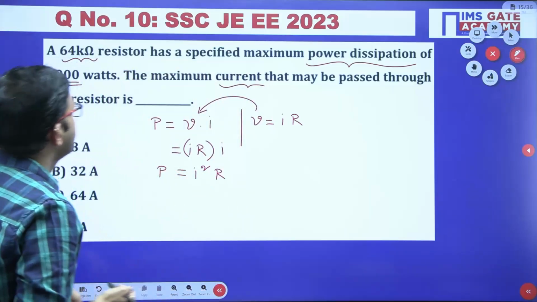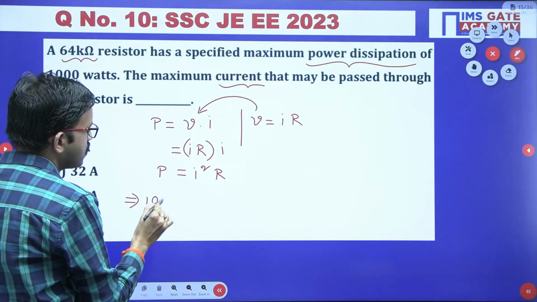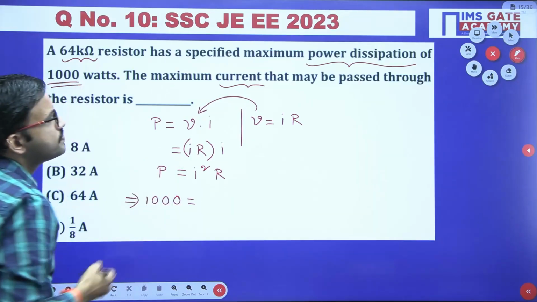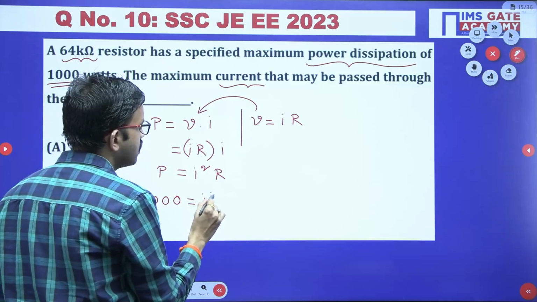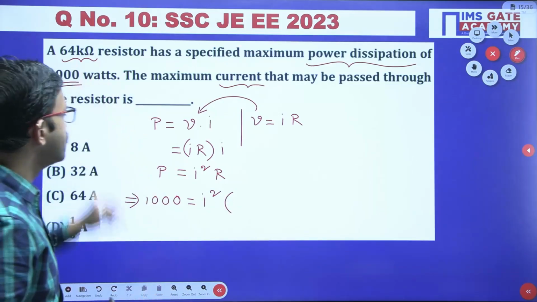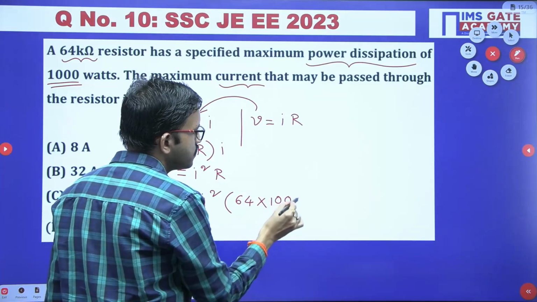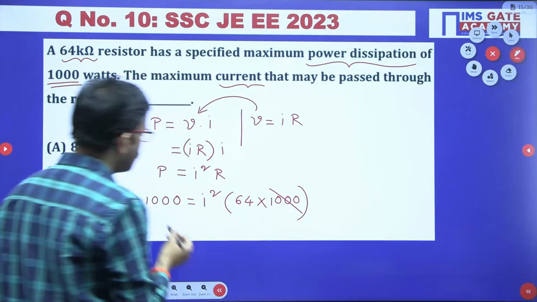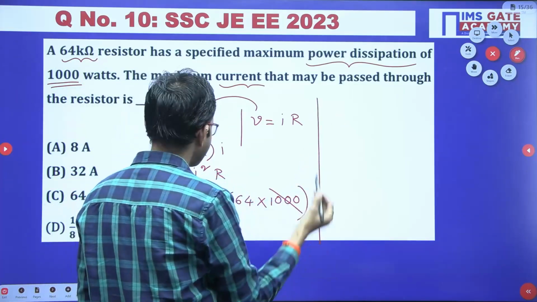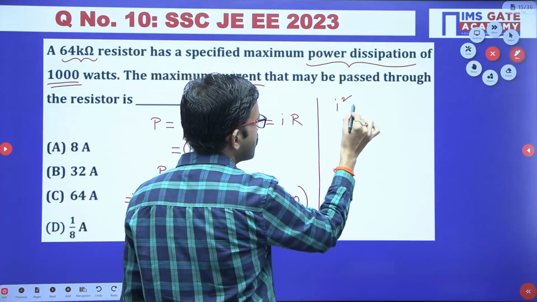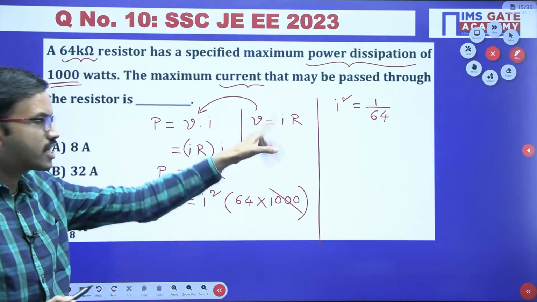Now consider the power given as 1000, which is equal to I square into the resistor value. The given 64 kilo we can write as 64 into 1000, so 1000 will get cancelled. From here I square equals 1 by 64, since I brought 64 to the left hand side and it comes into the denominator.